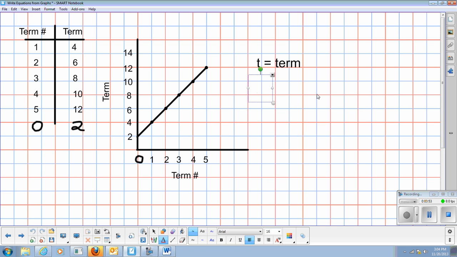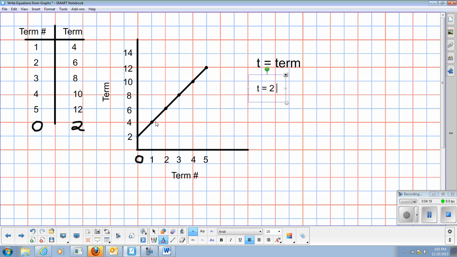All right, so to start with, let's take a look at how we get our answers. Our first answer that we had was right here. We had term 1, and the term was 4. Our starting point is what number? Your starting point is 2. So we can say the term we're looking for equals 2. Now my line is going up.